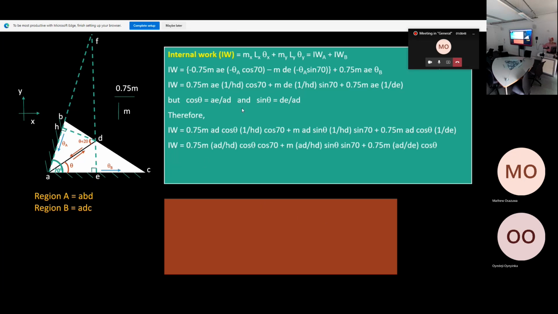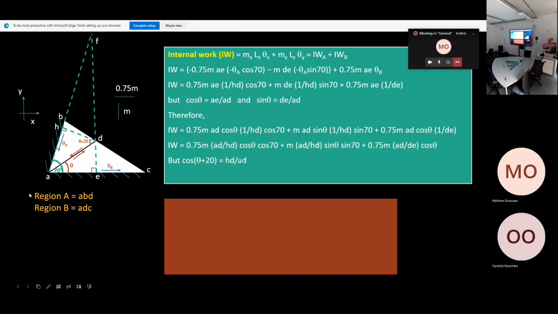Now I have rearranged it. I've got AD over HD here, AD over HD here, and AD over DE there. Now, can you see this angle here, theta plus 20? What is cos of this angle? The adjacent HD over the hypotenuse AD. You agree?